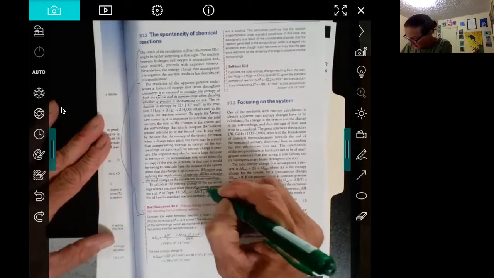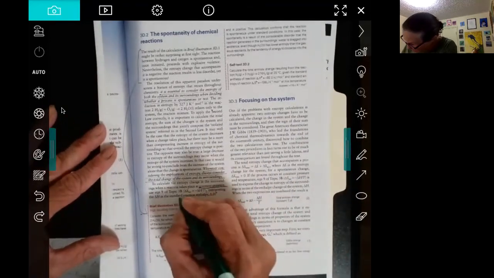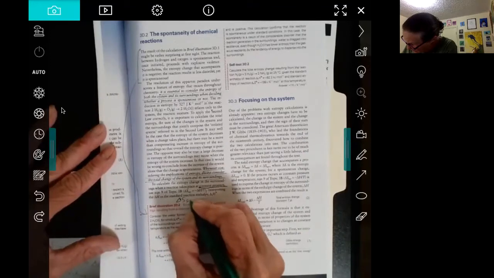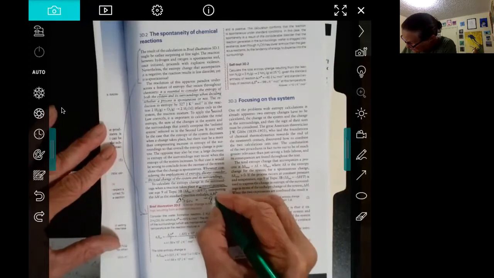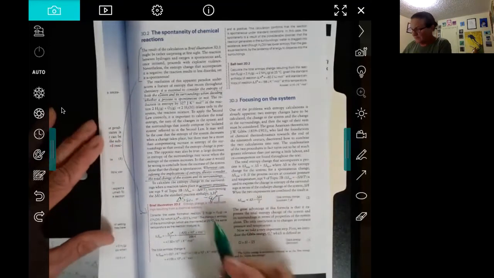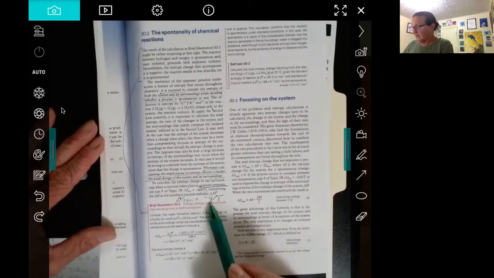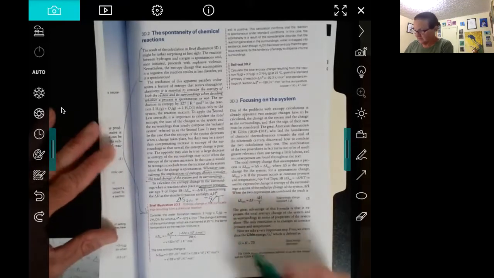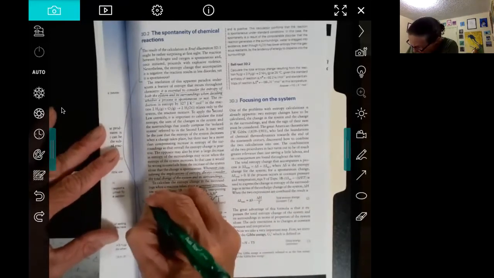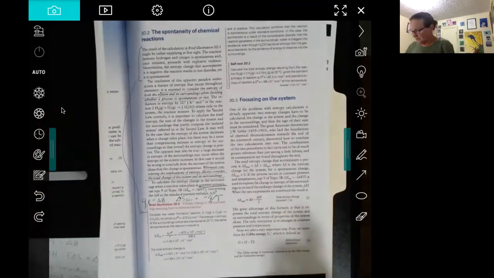We'll make sure we take that into account, because truly the delta S for the surroundings would be negative Q for the reaction over T, and Q is only equal to delta H if it's constant pressure. So that's why we can put delta H in there.